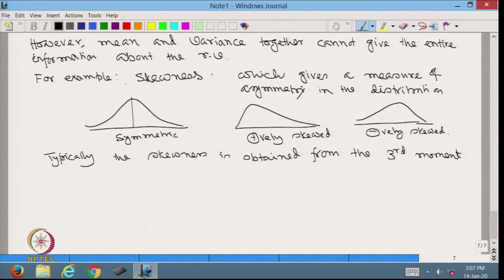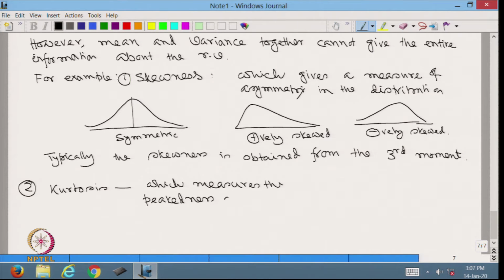Another important property, so let us call skewness 1 and this 2, is called kurtosis, which measures the peakedness of a distribution.